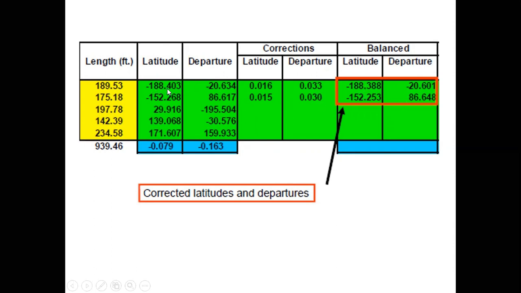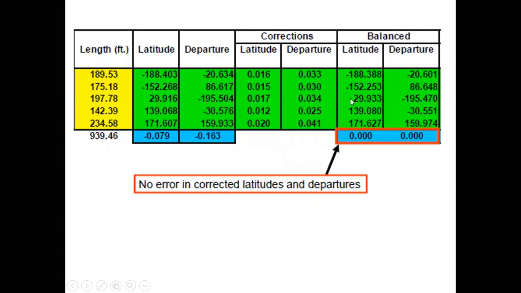Negative 188.403 plus 0.016 gives us this value. Similarly, negative 20.634 plus 0.033 gives us negative 20.601. Doing the same process for the remaining segments, you can obtain the necessary corrections as well as the balanced latitude and departure values.